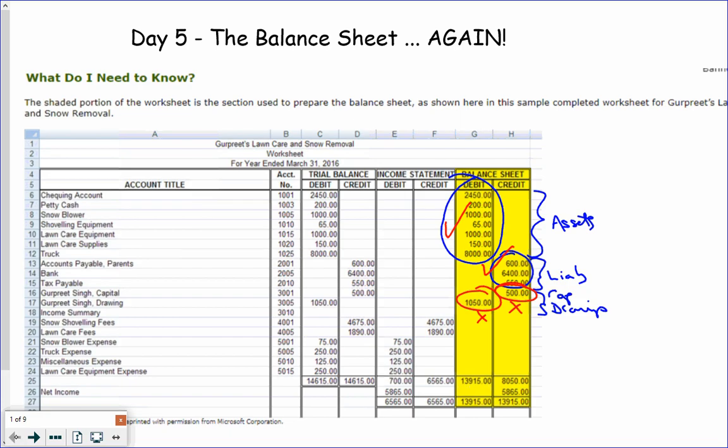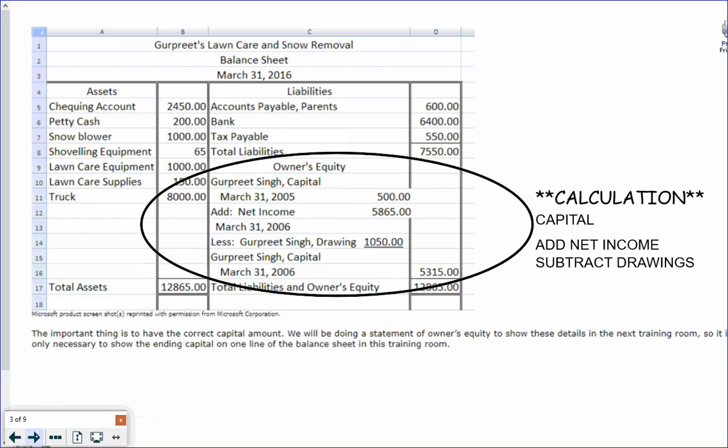And then down at the very bottom, you've got a net income amount of 5865. So the other option you can do is this. You can take your capital number, you can add in your net income, and then you can minus your drawings.